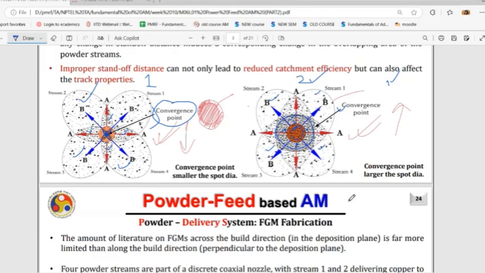By changing the position of the lens, some machines have the option to increase the spot diameter at the focused position. I'm not defocusing the beam; at the focus only, I can increase the spot. So in case number one, even if I increase the focus spot diameter, my powder still will be wasted. But if I increase the focus spot diameter in the second case, I can increase a lot more. I can make the process more efficient because the powder is very tightly focused at the middle point.